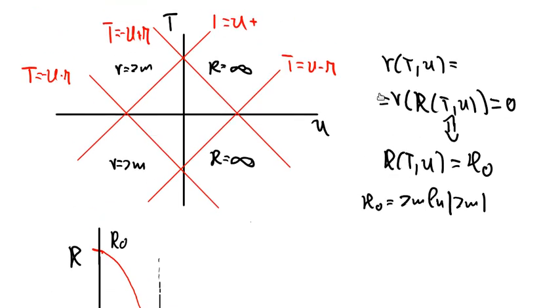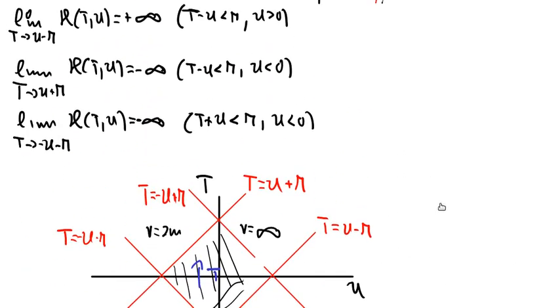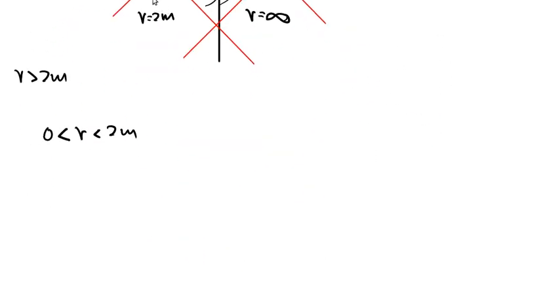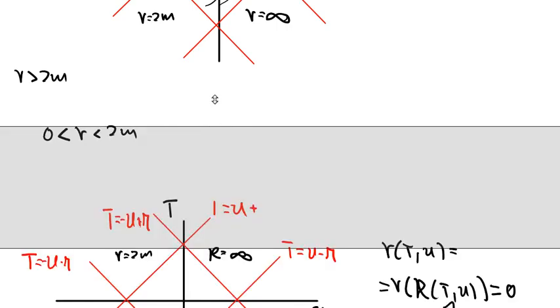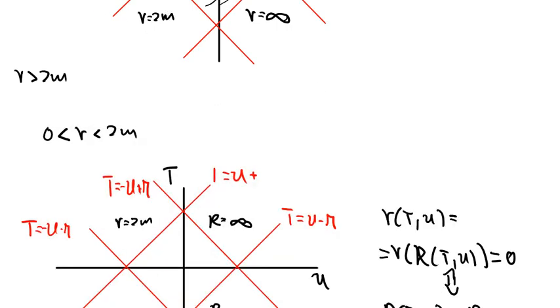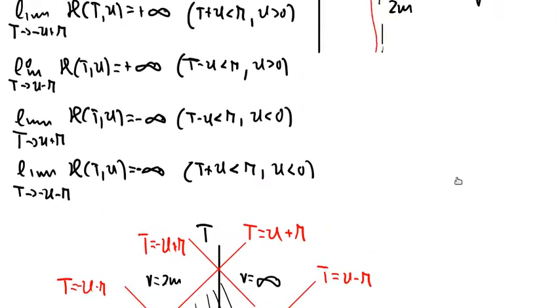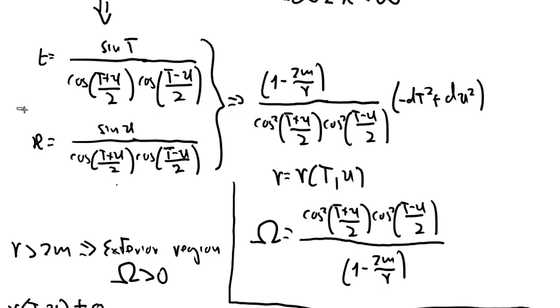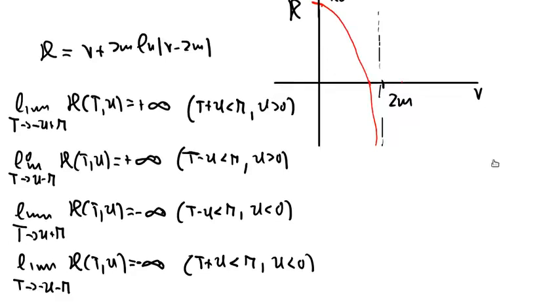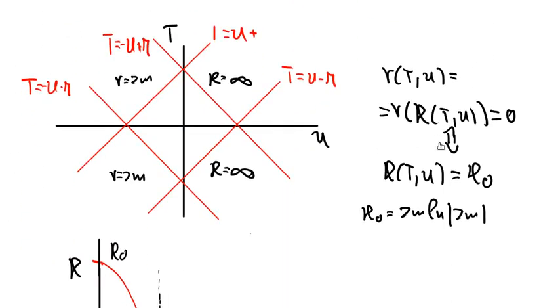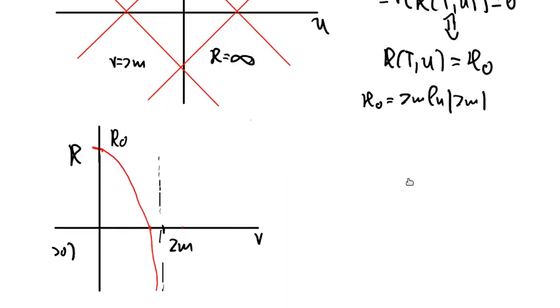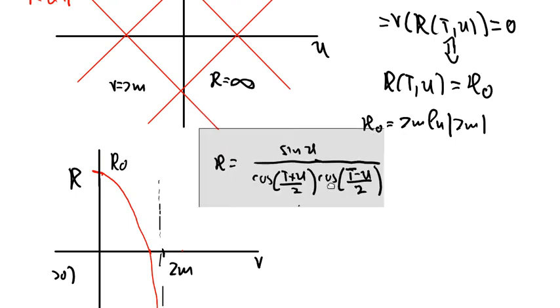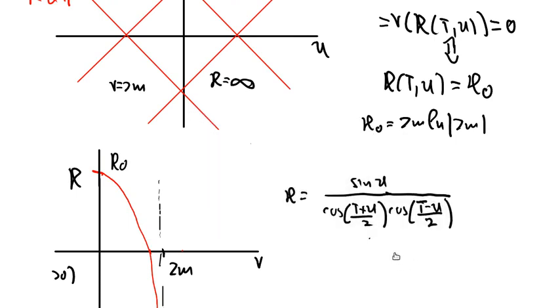Since we have the explicit expression of big R, we only have to study it. Let me put this a bit further up, because otherwise it's going to be complicated. Since the expression of big R is here, we just need to study the graph of this function.